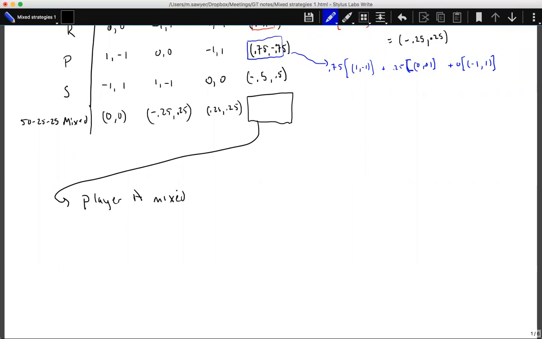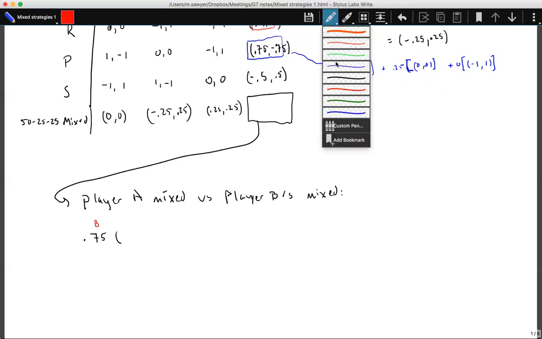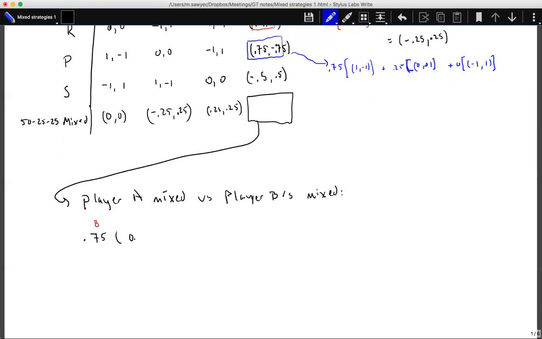We can consider it in the same way that we looked at player A's pure strategy versus player B's mixed strategy. We can say 0.75 for player B, right, this is B's, and we can say versus 0, 0. This is player A's mixed payoff.